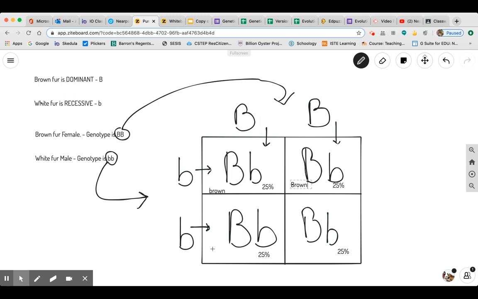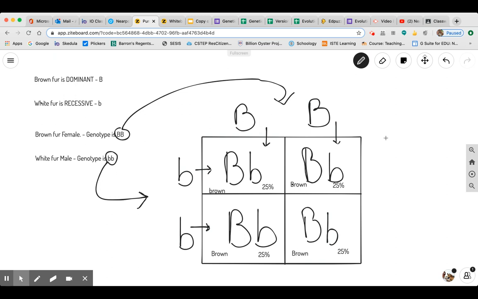Now we go down to the bottom row, and again, we see an uppercase B and a lowercase b, and we should only be seeing brown fur here. And in the last box, uppercase B, lowercase b means that the only fur color that's going to be showing is brown. So if we look at this, we have brown here, brown here, brown here, brown here.